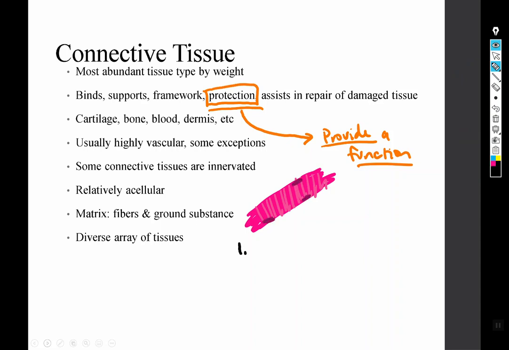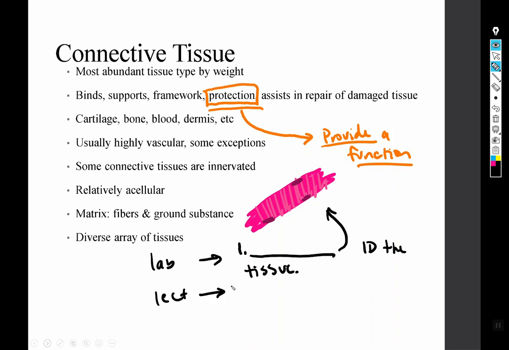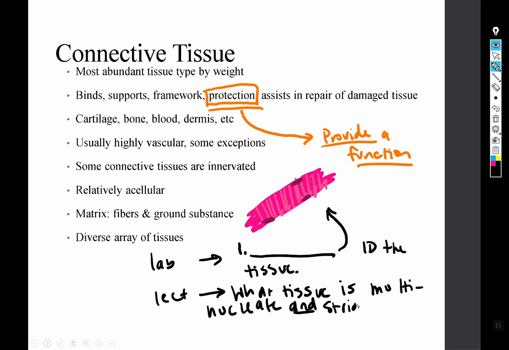So if question one on a lab practical or potentially a conceptual question on a lecture test is something about identifying this skeletal muscle, so ID the tissue, or so this would be a lab question, or a lecture question would be something like what tissue is multinucleate and striated?